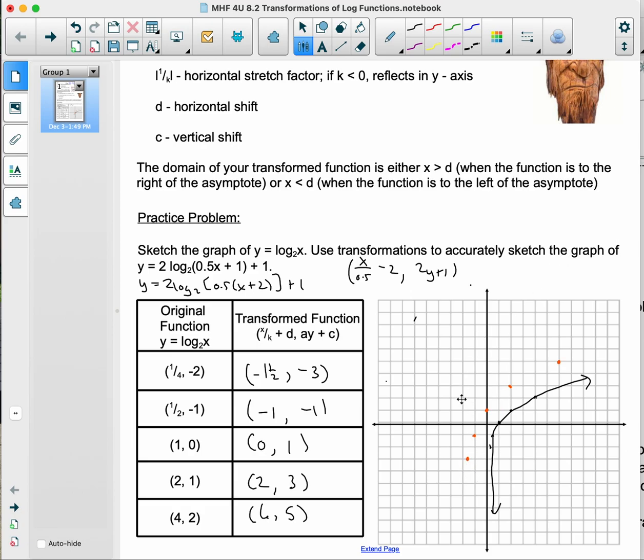Make sure that you remember that you have a vertical asymptote at -2 here, so don't cross it. Do your best to be better than me when you draw that, and that's your transformed function. If you had to state the domain, it just has to be greater than -2, and then your range would be all real numbers.